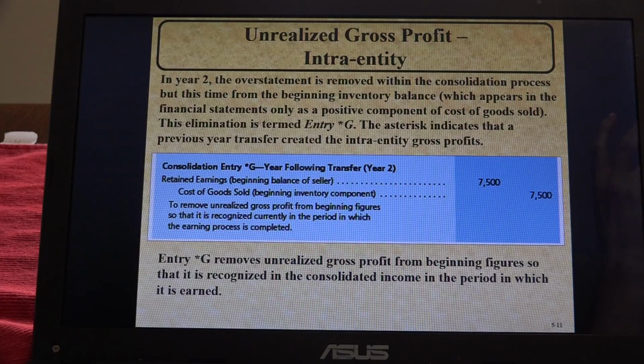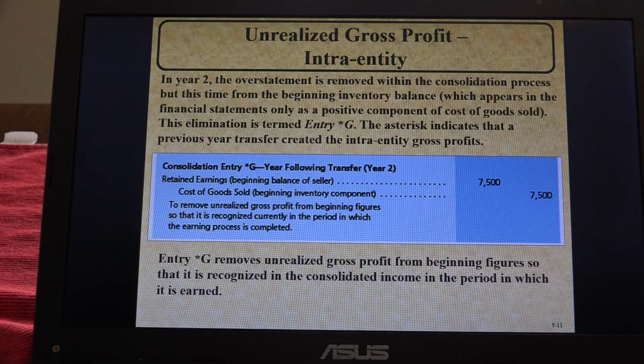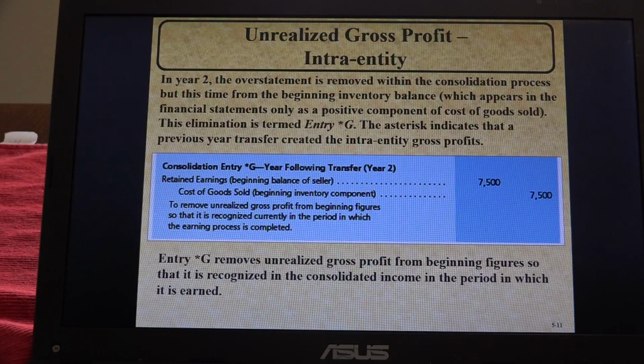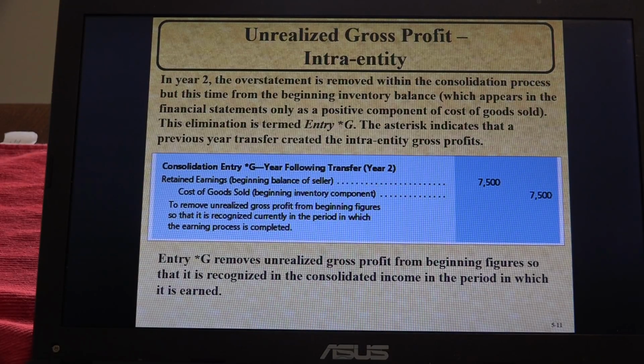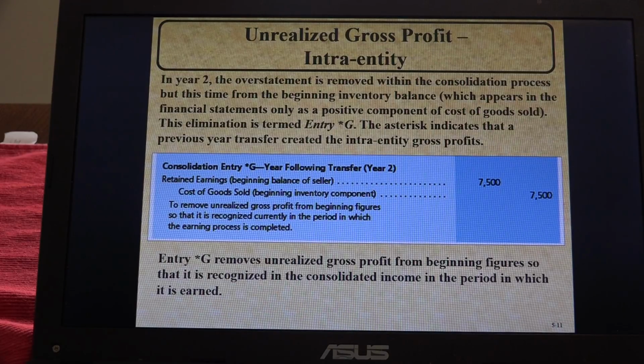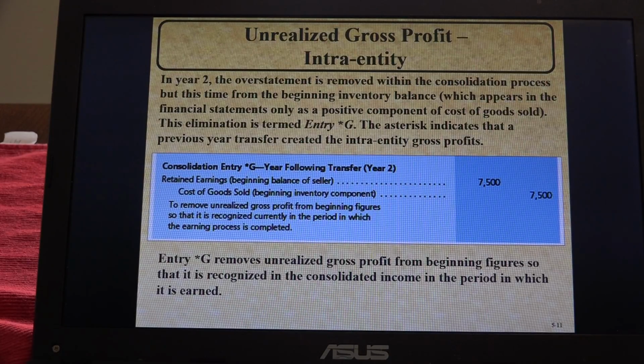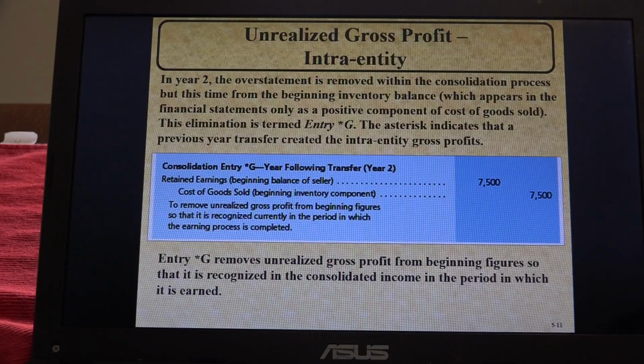Well, if you reduce your beginning inventory, you're going to reduce cost of goods sold, right? So instead of reducing beginning inventory, we're reducing cost of goods sold instead. But it has the same effect, right? It increases income for the period, gross profit for the period, the period in which you're earning this $7,500. So that's that entry, the credit of cost of goods sold.